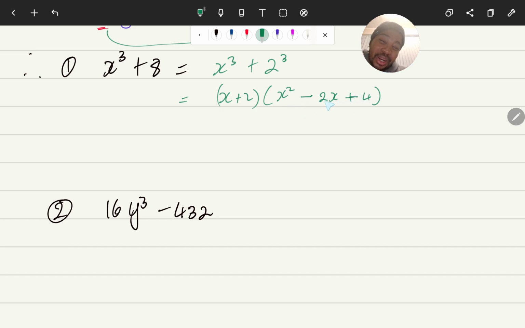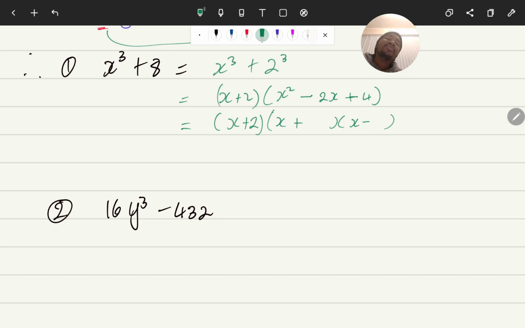Now let's look at this. Can we factorize this bracket? You guys know the longest way I've taught you, which is cool, and I've also tried to show you the shortest way. When you have x, since it's a negative, one of them will be plus, one will be minus.